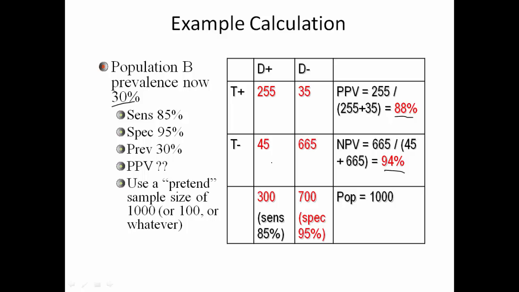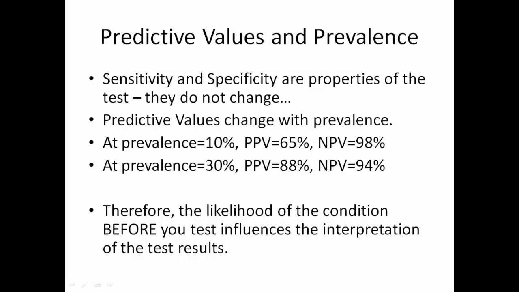And usually one of these will be the answer for this. Sensitivity and specificity don't change. Positive and negative predictive value do change. And here is that demonstration. So at the prevalence that we had of 10%, positive predictive value was 65, negative predictive value 98.